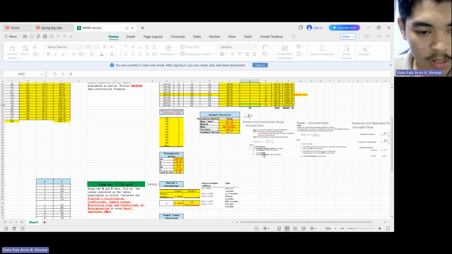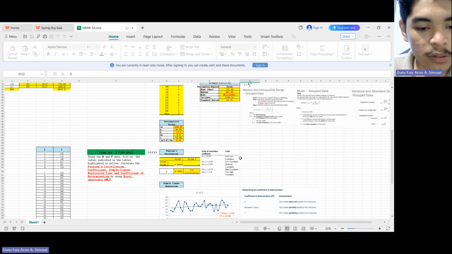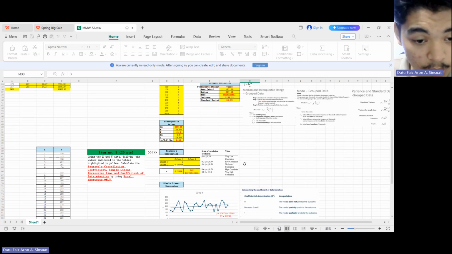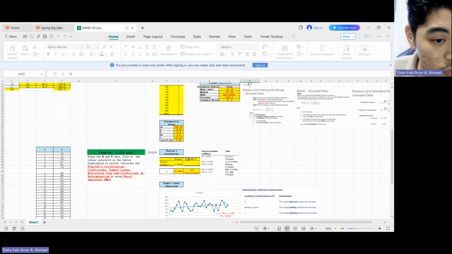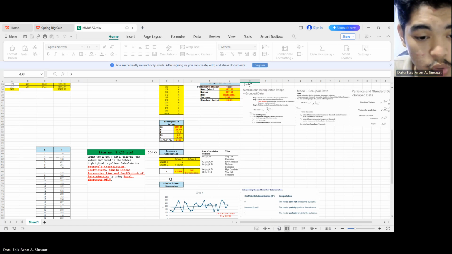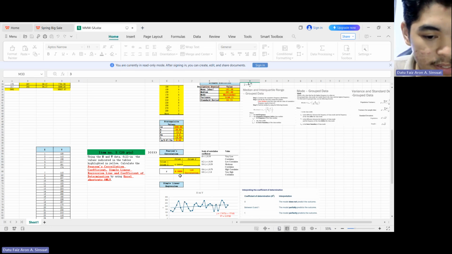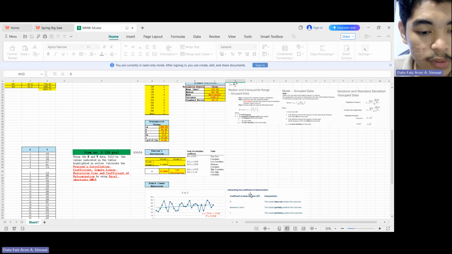Let's see how two sets of data relate to each other. Correlation shows how strongly two things are related. Close to 1, they increase together. Close to -1, one increases, the other decreases. Close to zero, no real relationship.